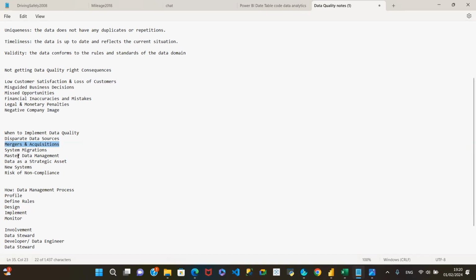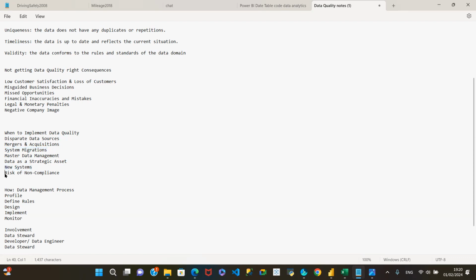be implemented. Sometimes we are migrating data from one system to another, maybe because we are upgrading, or any other reason. That is very important. When master data management is happening, there is a need to implement your data quality. So when new systems are in place, yes.